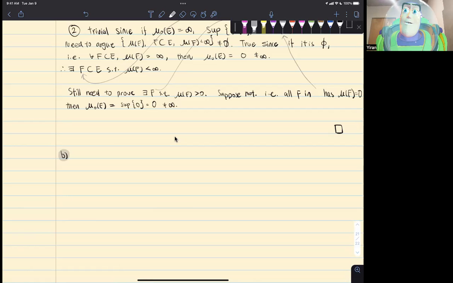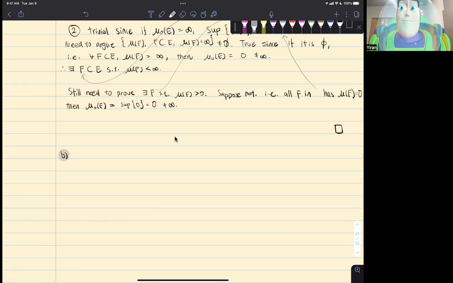And since EJ is a subset of E, EJ is equal to EJ intersect E, which is equal to EJ intersect the union of Ki, which is equal to the union of EJ intersect Ki.